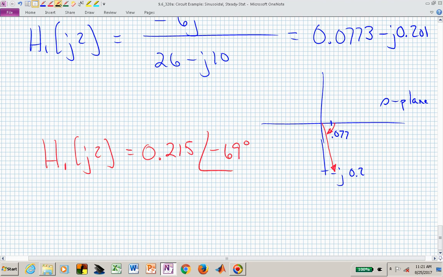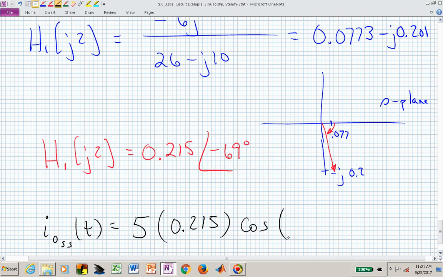That now allows us to immediately write down the time domain expression for the output current after the transients, in the sinusoidal steady state. It's what we excited the system with amplitude-wise, which was 5. We scale that by the magnitude of H sub 1 at j2, which is 0.215.